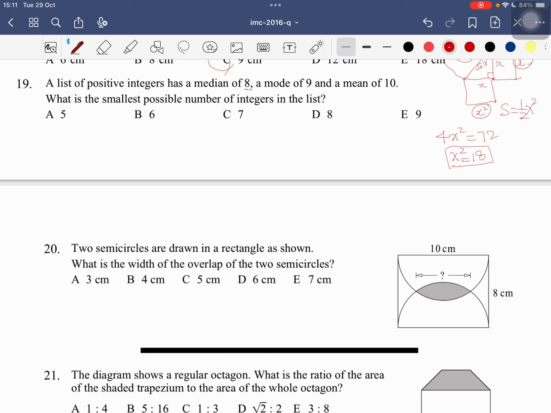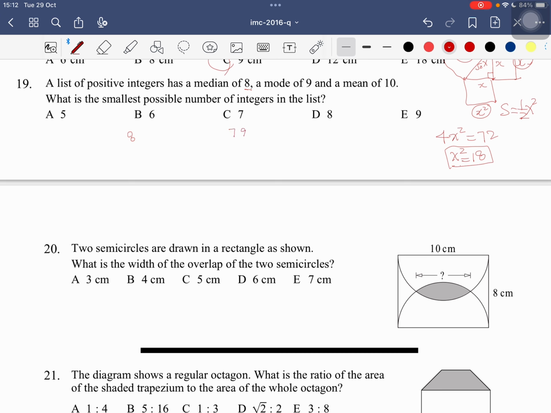But if it is not in the center, then we can make 7 and 9 in the center to make the median 8.